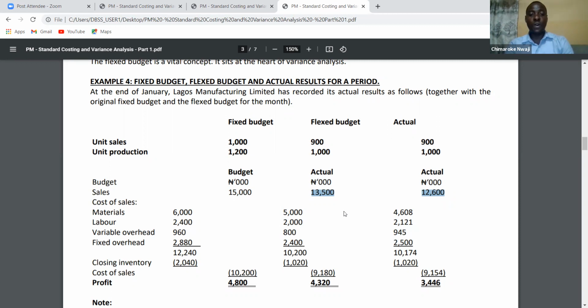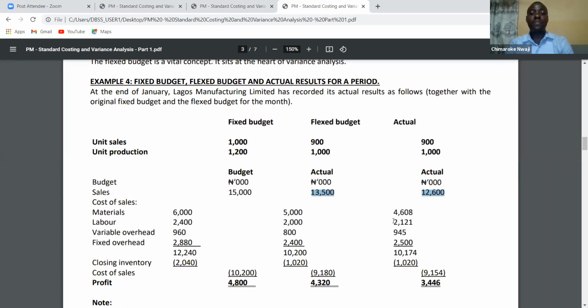So you can see before we said all the actuals in cost were cheaper than the fixed budget. But now when we are looking at the flex budget, we found out that the budgeted cost for material is higher. That means we have a favorable variance in material.